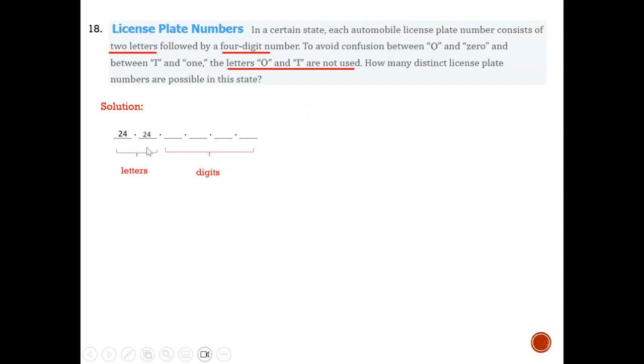So it'll be 24 times 24. And for the digits, there's no restriction, right? So 10 digits make all the numbers. The digits are 0, 1, 2, 3, 4, 5, 6, 7, 8, 9. So it's going to give us 10 times 10 times 10 times 10. We multiply them out. It's going to give us 5,760,000. That's how many different license plates are possible.